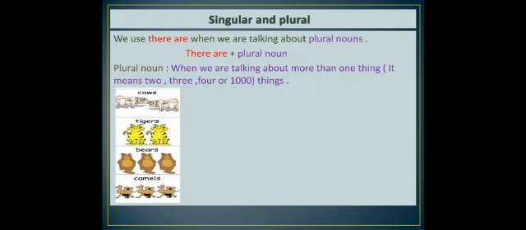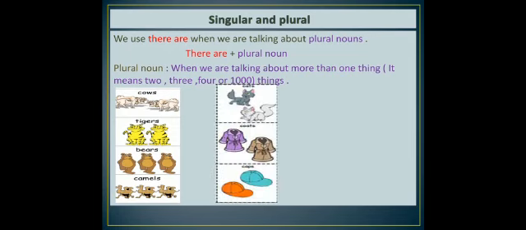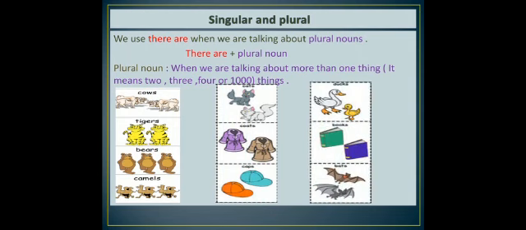Like here in the picture, we have got 2 cows. So, this means plural noun. Cows, tigers, bears, camels, cats, coats, caps, ducks, books, bats.